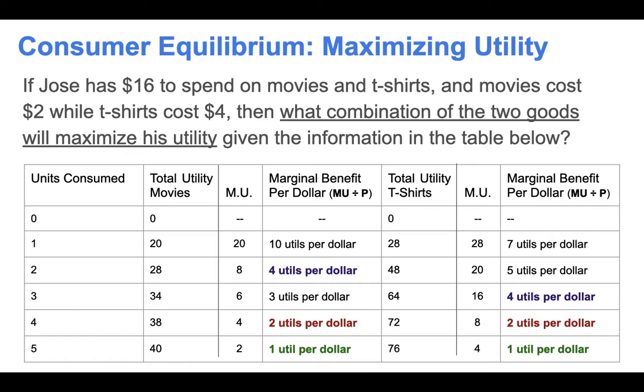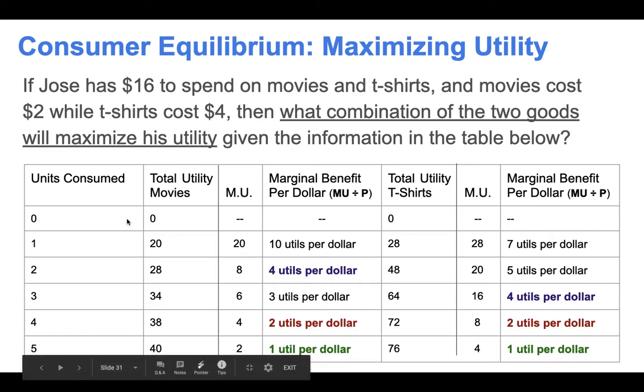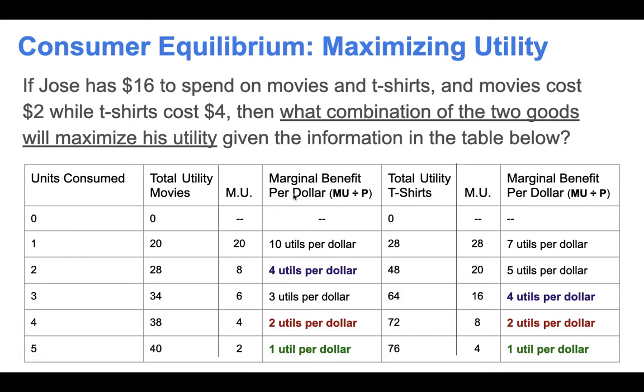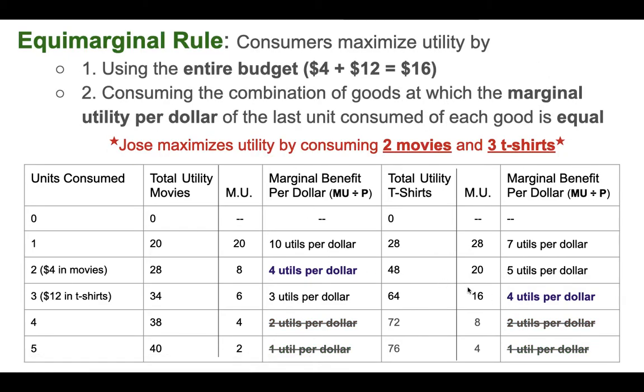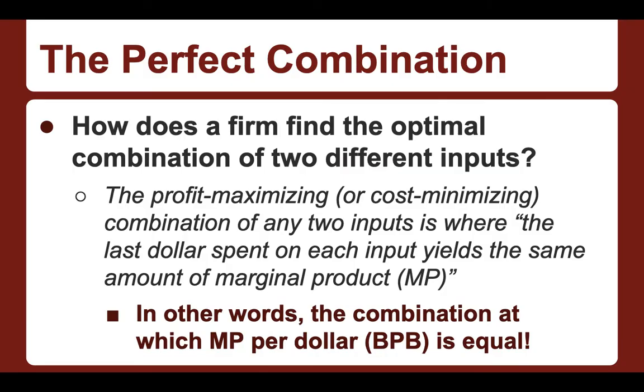So this is when we looked at these kind of charts where we had units consumed, total utility, marginal utility, and then bang per buck, right? Marginal benefit per dollar. And then we found where they were equal, and then we tried to max out our budget, and we came up with some combination where we were maximizing our utility. We're going to do the same thing with factor markets.